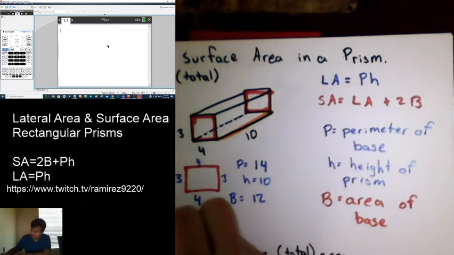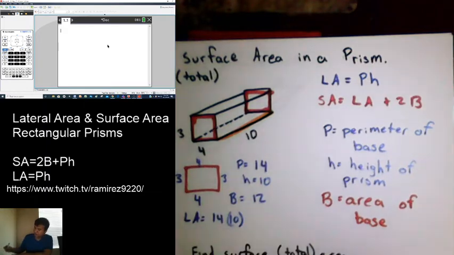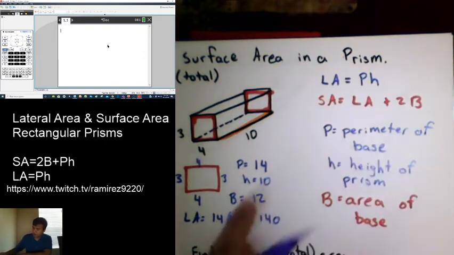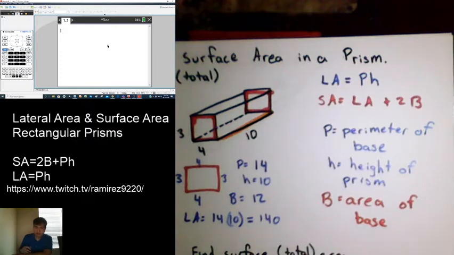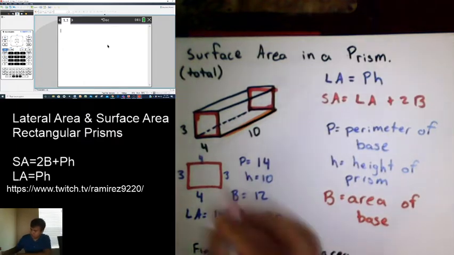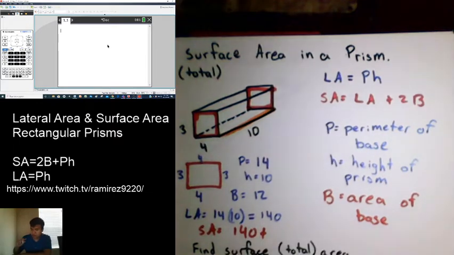All right, so again, my lateral area is just my perimeter times my height. In this case, it's 140. Big B was 12, so I wanted to find my total surface area. My surface area would be 140 plus 2B.